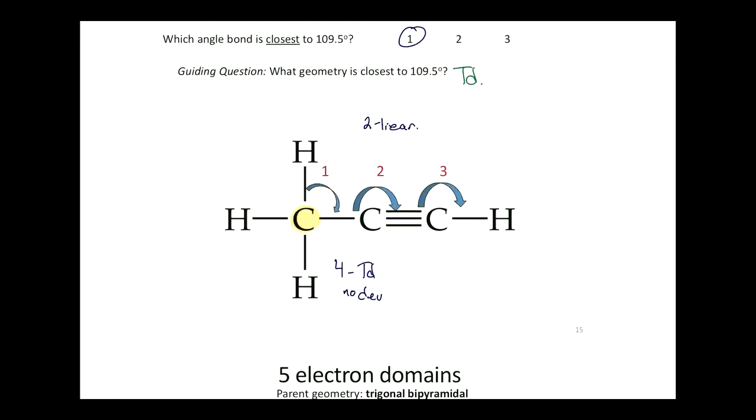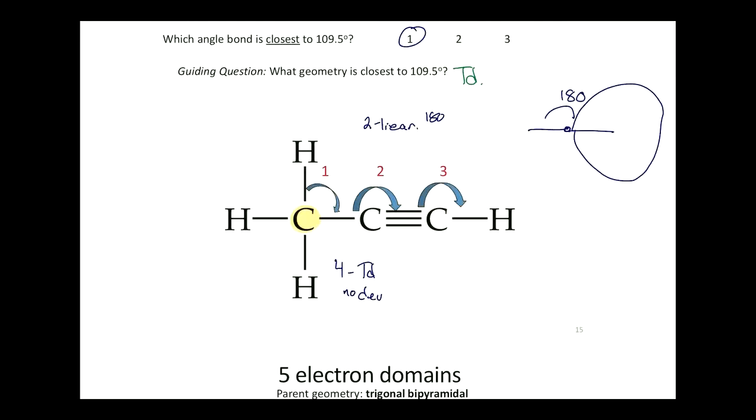Yes, but think about it. If we have 2 atoms that are already 180 degrees away from each other, right? That's the ideal bond angle for linear, 180 degrees. Does it matter if this side is big, fat, and fluffy? Is it going to deviate any more? Can it get any further away? No. So once you're at linear, you can't deviate anymore.